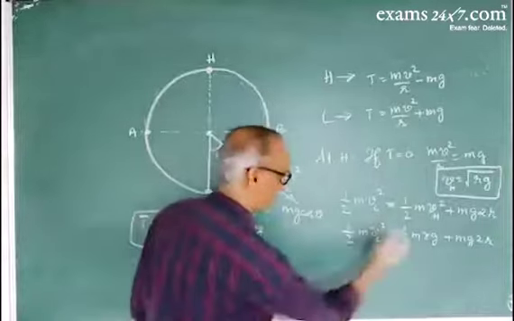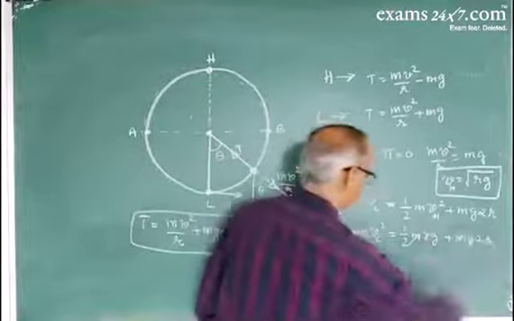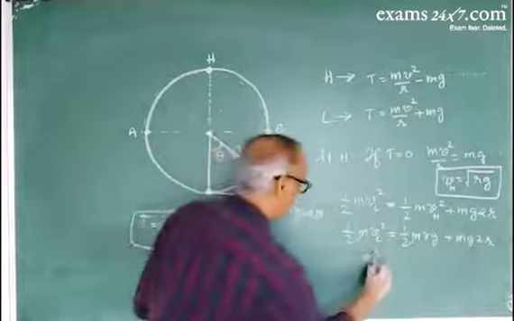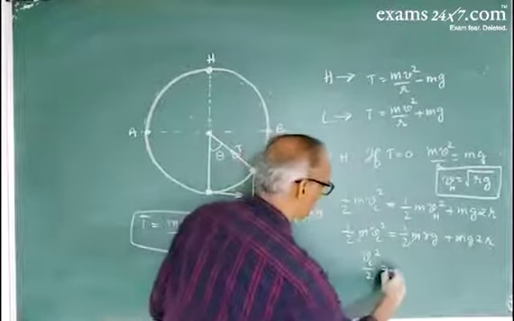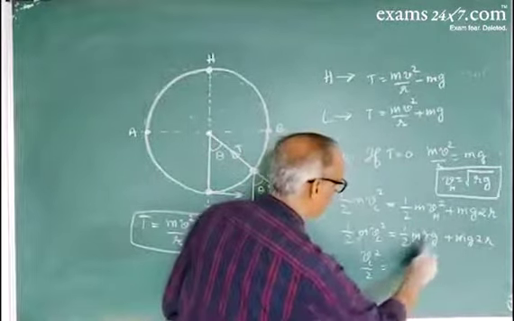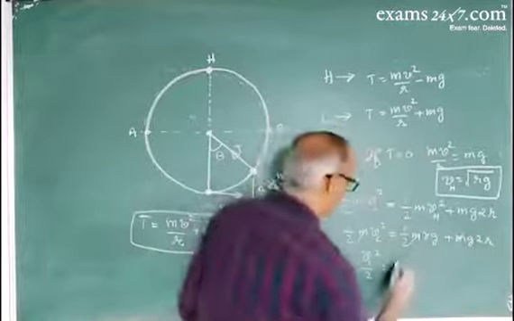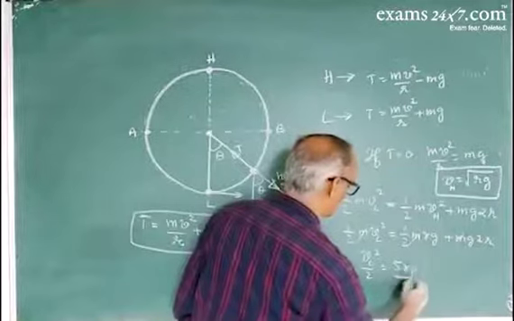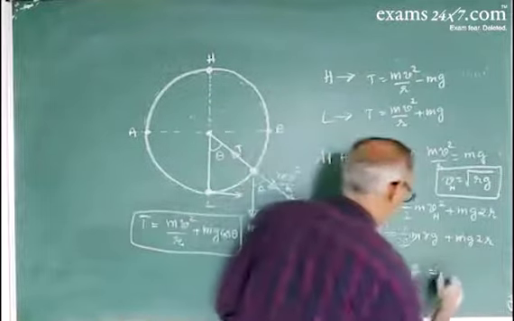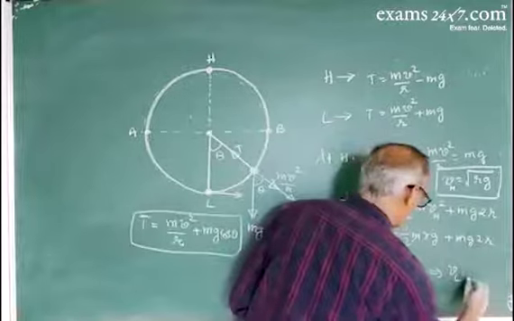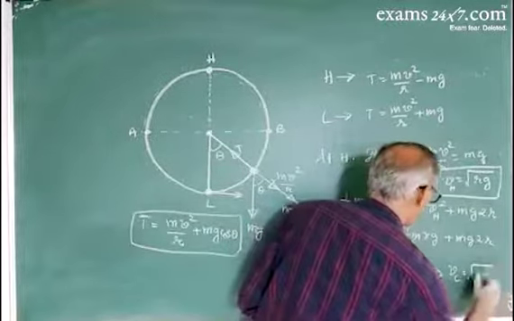So we get m will get cancelled, and then vL square by 2 is equal to rg by 2 plus 2gr, and we get 5rg by 2. And this 2 will get cancelled, giving vL to be equal to root of 5rg.